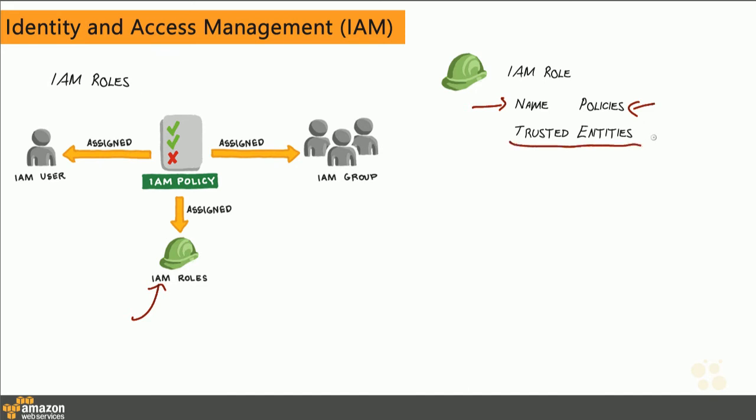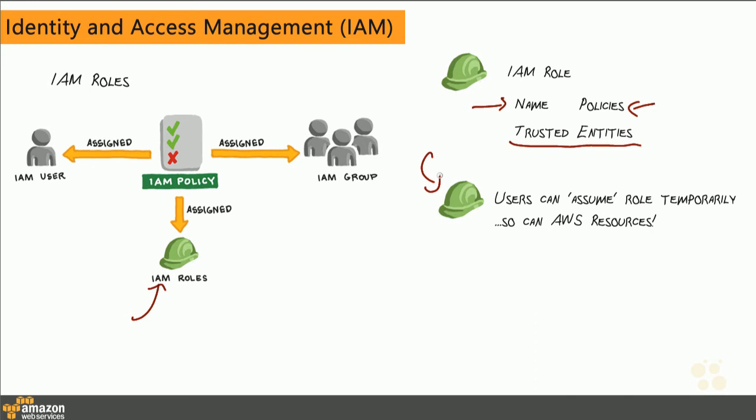And the reason they need trusted entities is because users can assume a role, but only temporarily. So if you're a user who is trusted by a role, that means you can assume that role. You can put on this hat that we're using here to illustrate it, right? So temporarily a user puts on the hat, they become that IAM role so that they can perform the actions associated with the policies that role has.